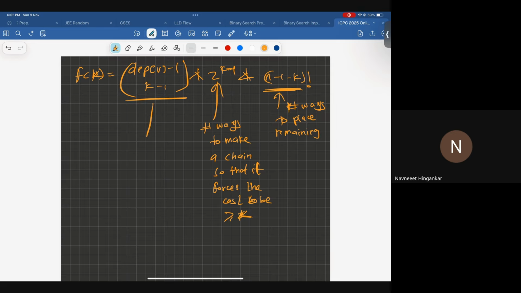And this is the total number of ways to place the chain. Don't get confused that the chain is connected to each other. Even though we are just considering the chain like this, the path from root to that v contains the same sequence as the chain.